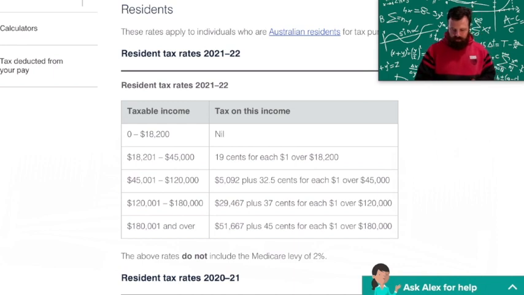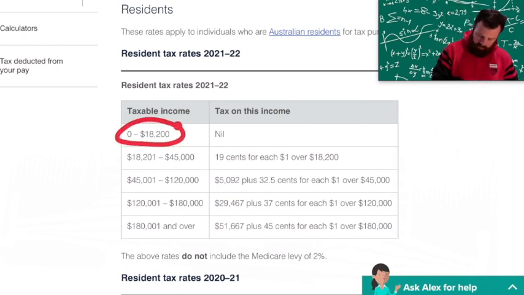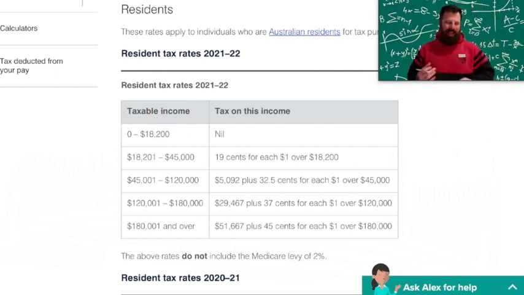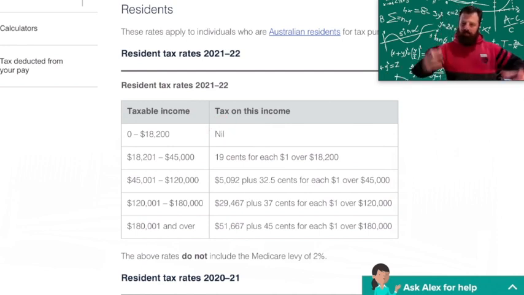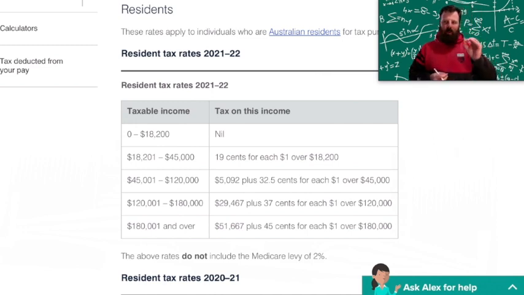What we can notice here is that there are different levels in this table, and we call them brackets. If you earn in the bracket between $0 and $18,200, you don't pay tax. And we saw that last lesson. We talked about that tax-free threshold. So if you earned $18,000, you owe the government $0 in tax.